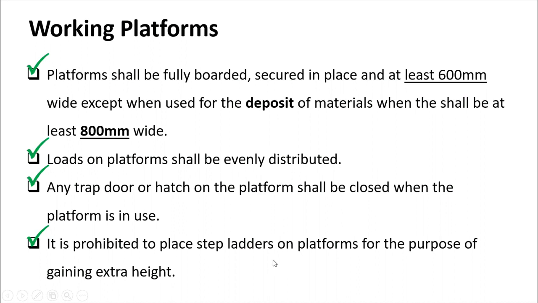So what you need to do is call the scaffolding team to modify the scaffold to fit your requirements, so that you can do the job without providing a step ladder on the platforms to get the extra height.